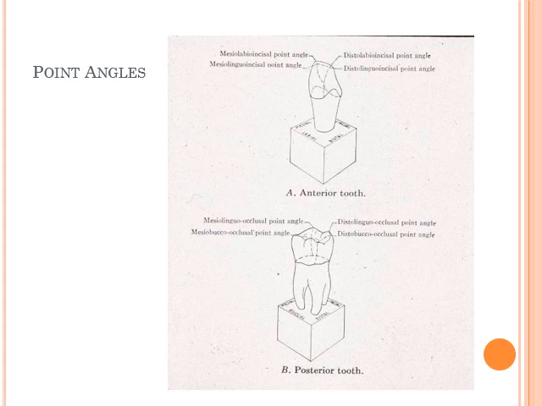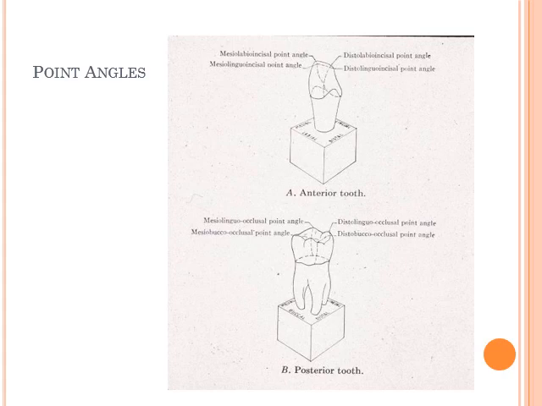So we may say something like your mesiolabial line angle is off or too distally oriented, or you might hear your distobuccal occlusal point angle is too short. So those are just a few examples.